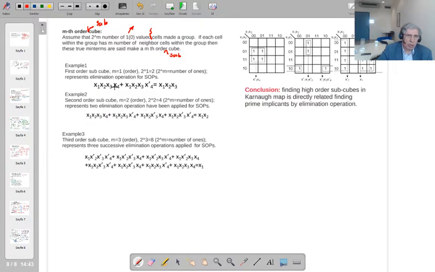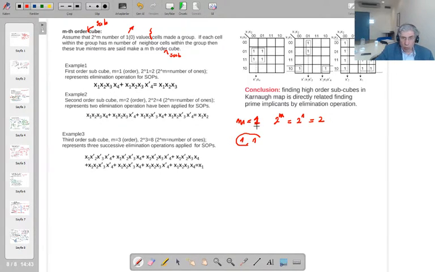So the smallest subcube is m equal to 1. If m equal to 1, 2 to the power m is 2 to the power 1, equal to 2. So we are going to consider 2 ones now. In the Karnaugh map, each of these 2 ones must have 1 neighbor.